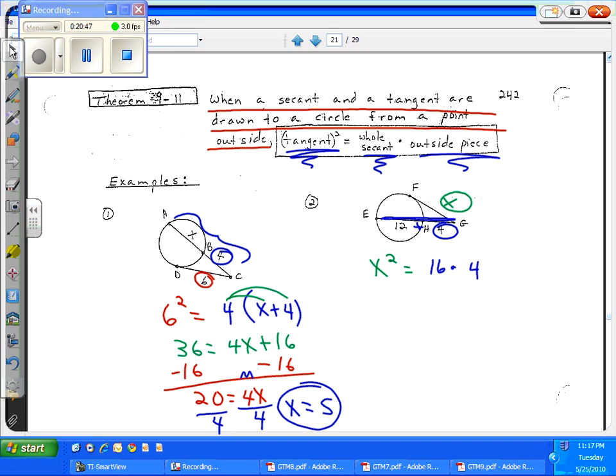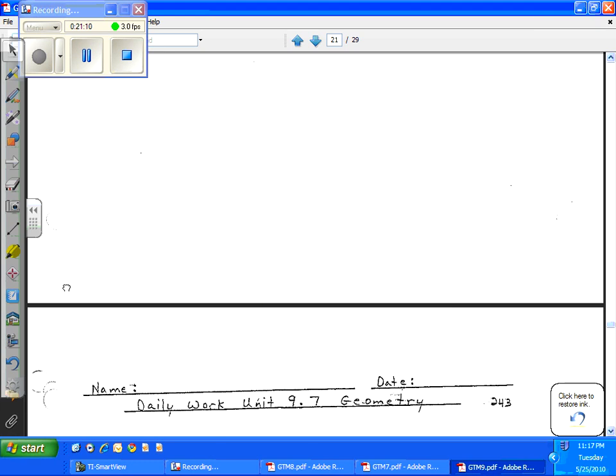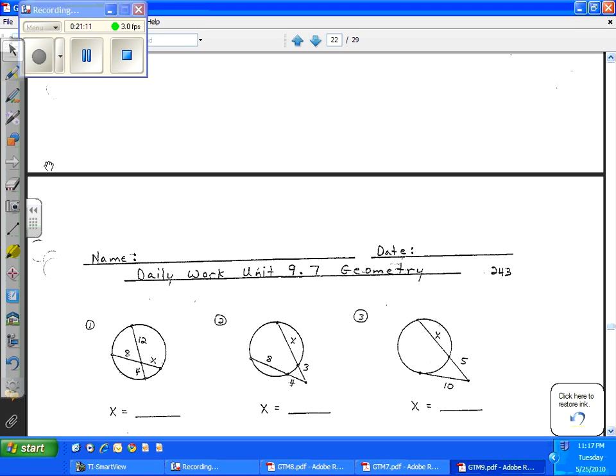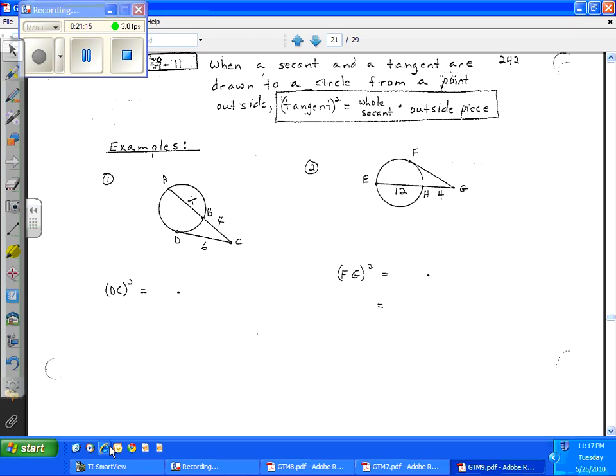The square of the tangent is equal to the product of the secant and its external segment. We're going to do the multiplication. We get x squared equals 64. Undo the square with the square root, and we get x equal 8. Okay? That brings us to the daily work, but let's review.